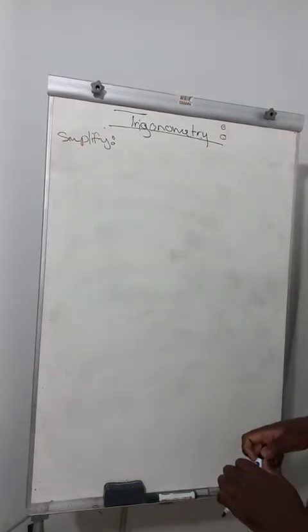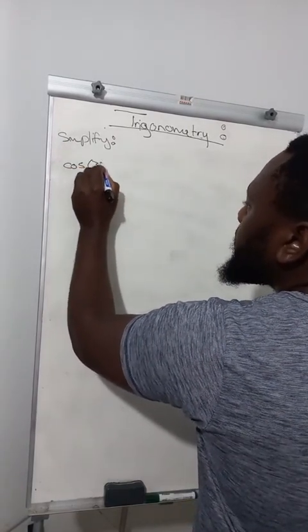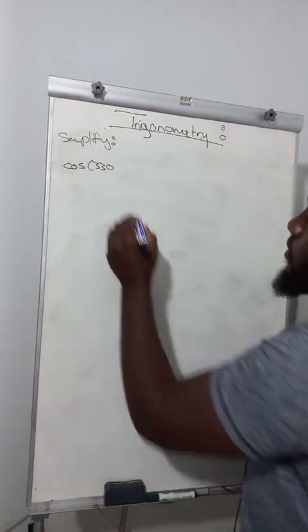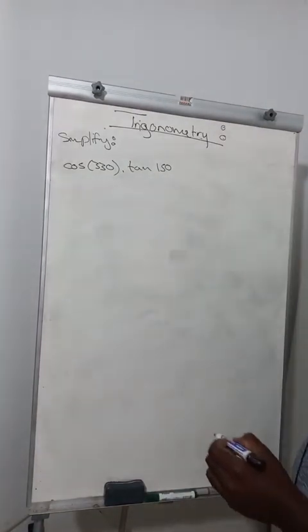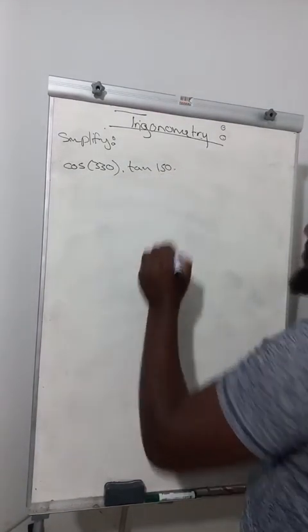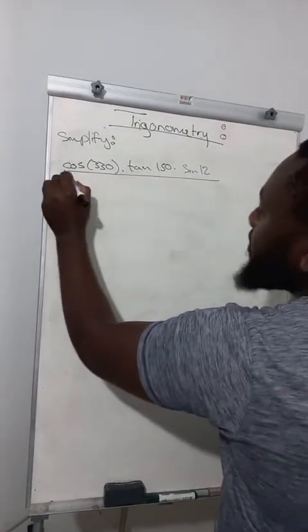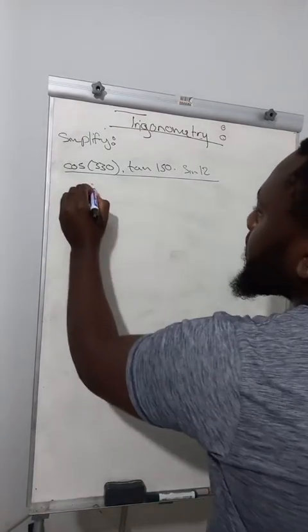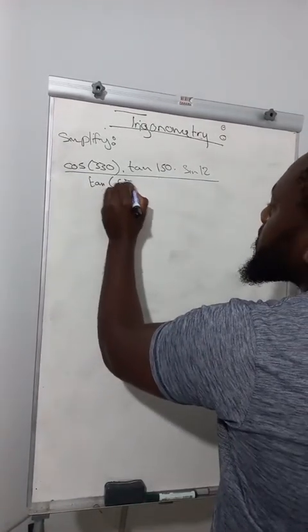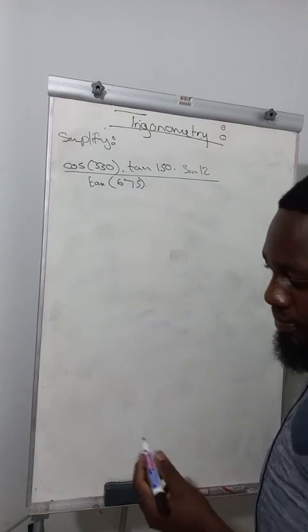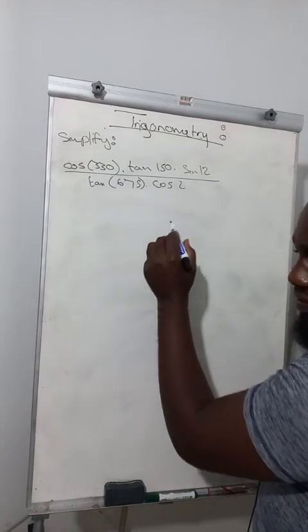So here you'll have cos 330, tan 150, sine 12, all divided by tan 675, and then multiplied by cos 258.